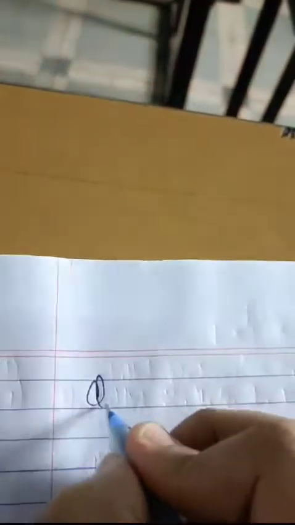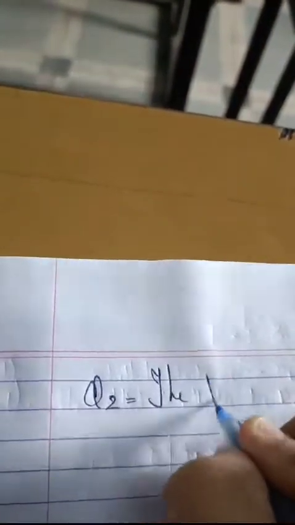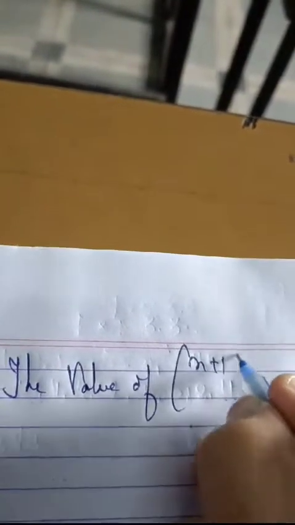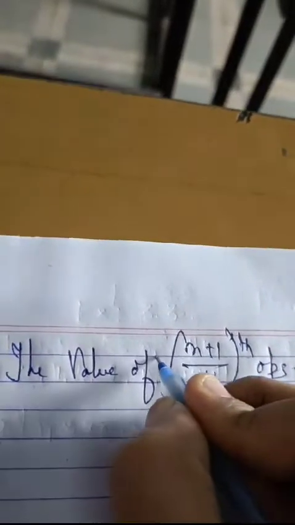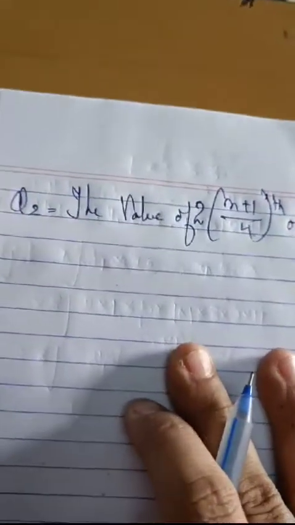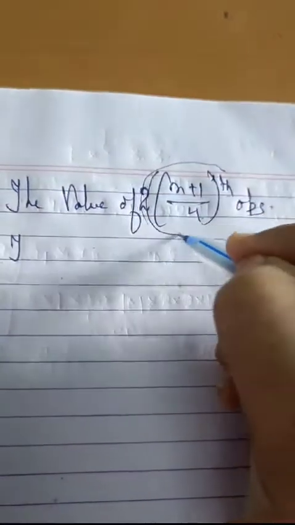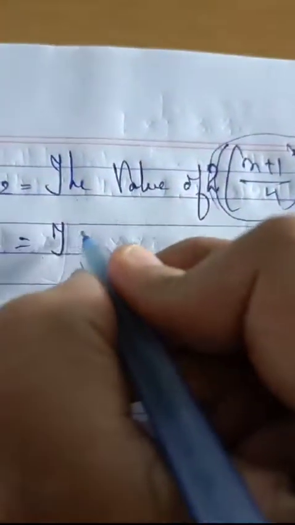Now coming to Q2. Q2 equals 2 multiplied by the value of (n plus 1) divided by 4th observation. This term we have already calculated, so no need to calculate it again and waste time.